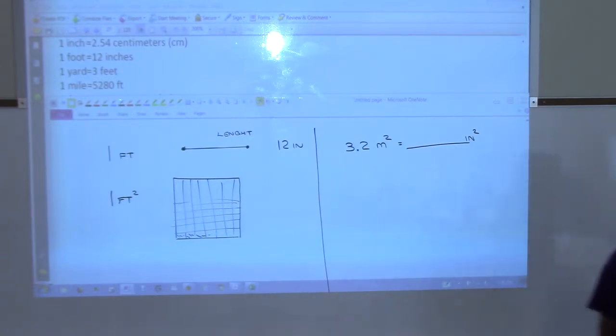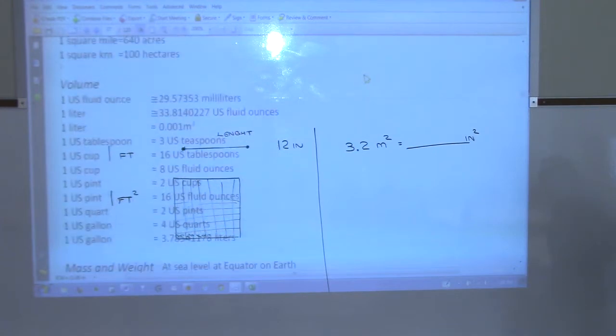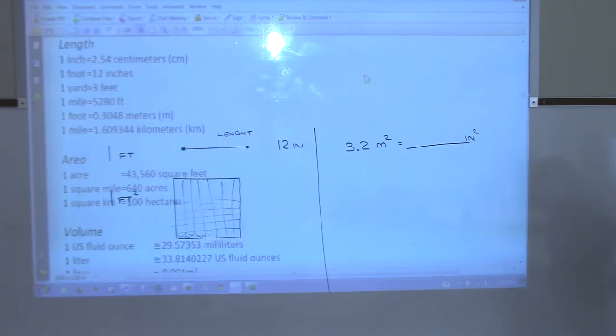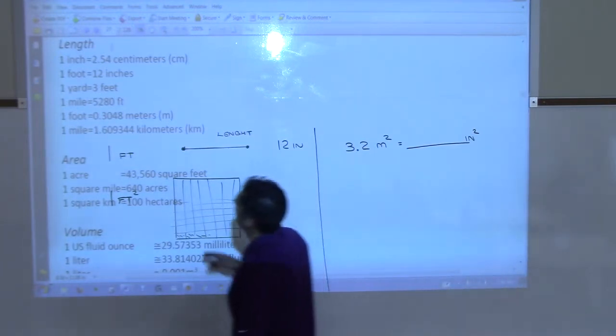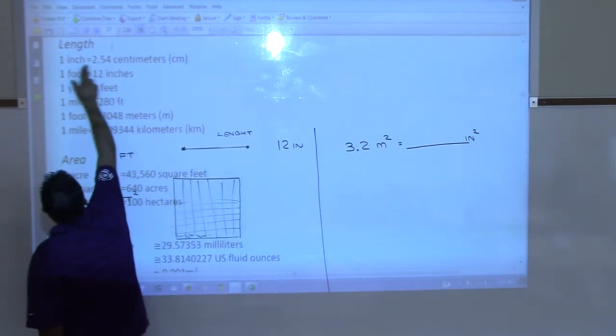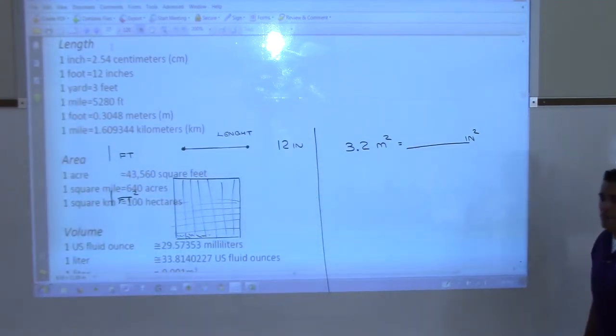So do we have anything on our chart that allows us to go from meters to inches? Got to look at that chart. Meters to inches? Where at? Centimeters. We can go centimeters to inches, right?